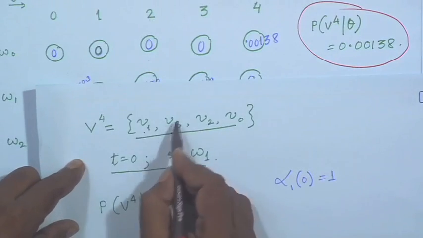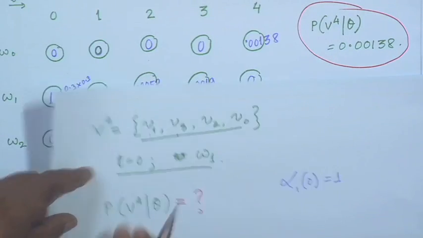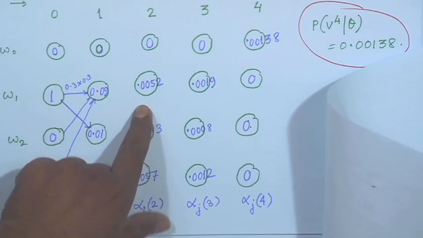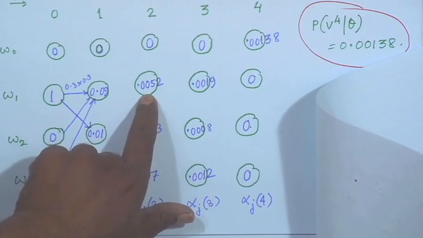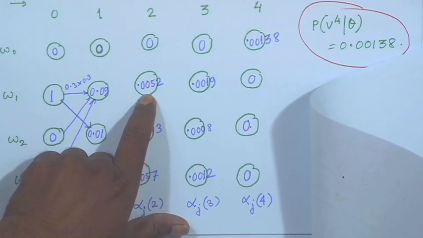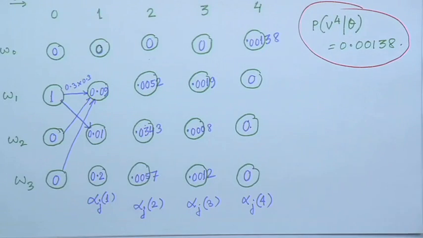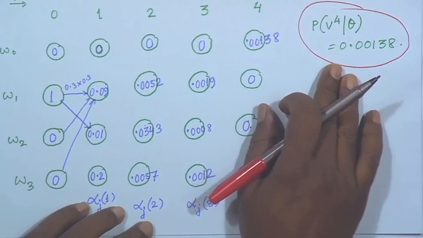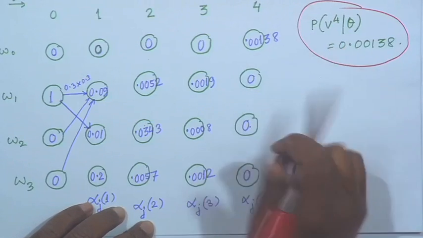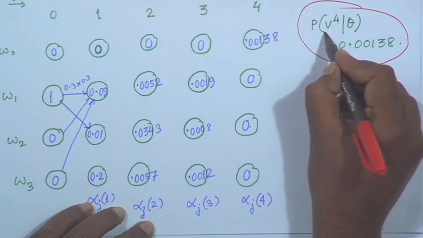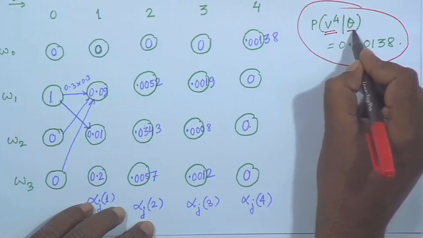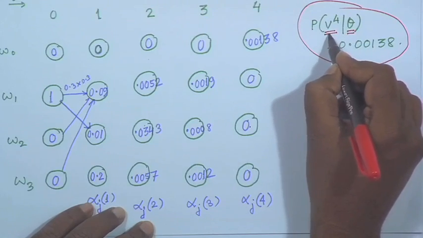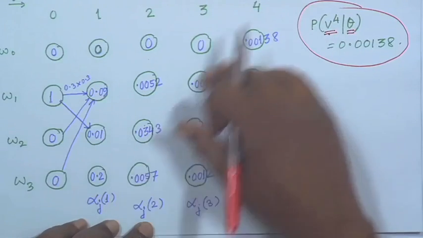Similarly, after generating these two symbols V 1 and V 3, the probability that the machine will be in state omega 1 is given by this, which is 0.0052. So, what you are getting is the probability that the model theta has generated this V 4, and this generation may be by any of the paths.